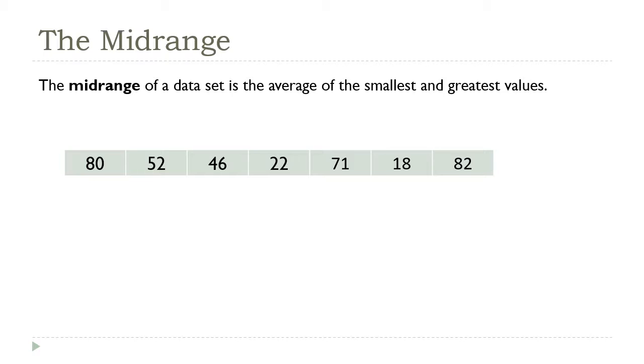The smallest value is 22, and the biggest value is 82. If I average those values, 22 plus 82 divided by 2, that's 52.